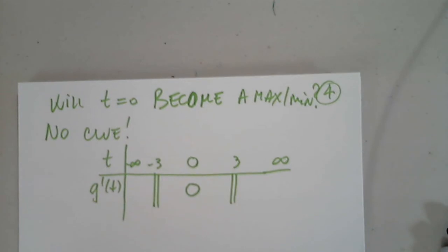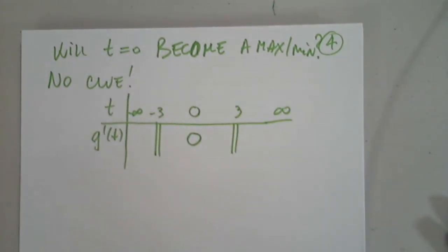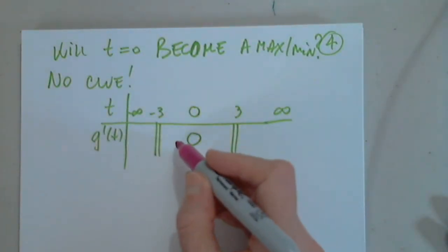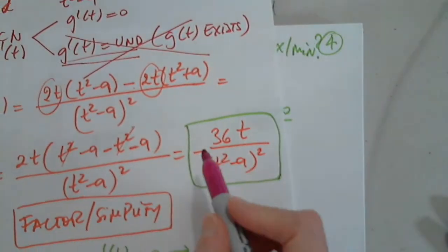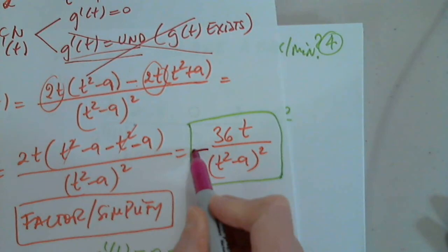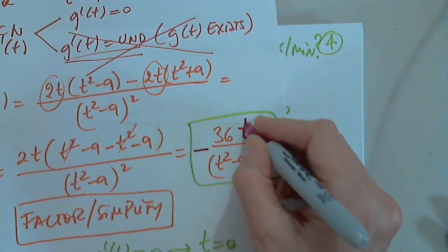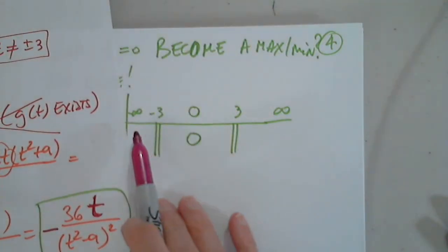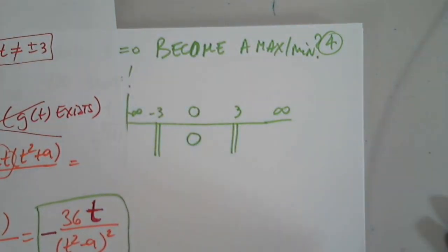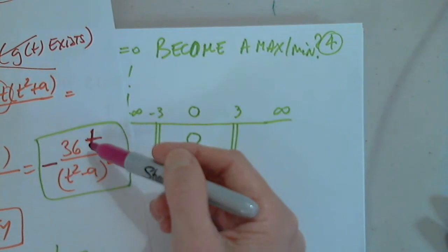So, can anyone tell us before 0? Negative 1. One more time. We are discussing the sign of negative t. And we are plugging in a number to the left of 0, not negative 3 or 3, although you can because you're not plugging in the denominator, you're plugging in the numerator.